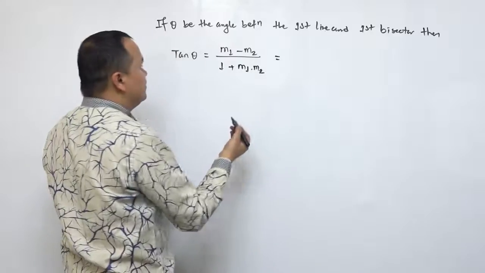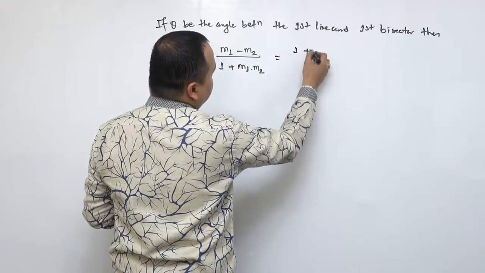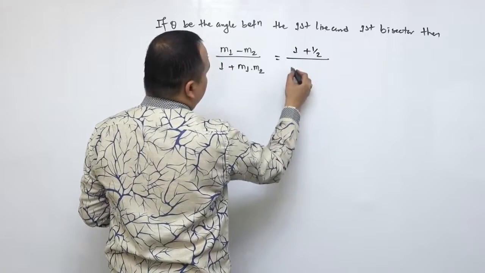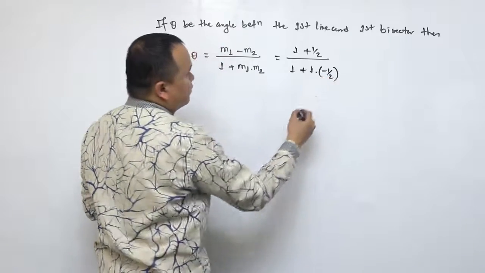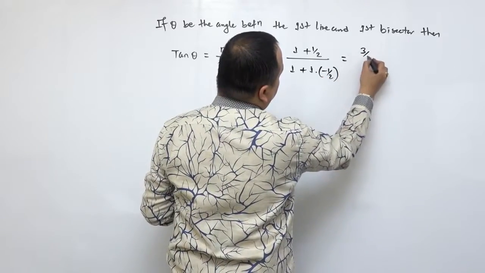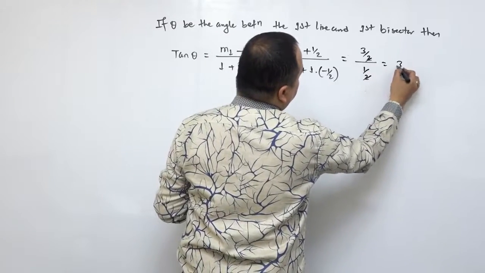We have m1 is 1, m2 is minus 1 upon 2, so this is 1 plus 1 upon 2 upon 1 plus 1 into minus 1 upon 2. This is 3 by 2 upon 1 by 2. The 2s cancel. This is just 3.